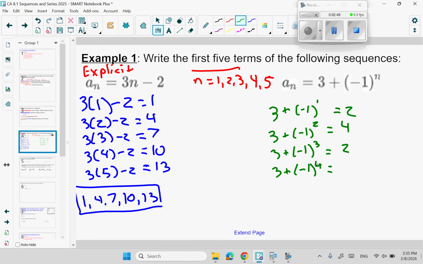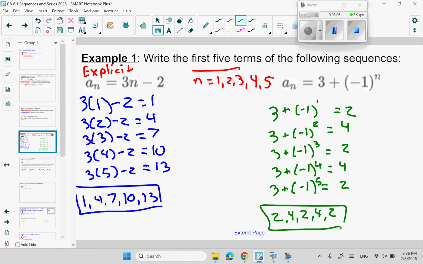Negative 1 to the power of 4 is positive 1, plus 3 is 4. Negative 1 to the power of 5 is negative 1, plus 3 is 2. So this would be 2, 4, 2, 4, 2. This is famously called an alternating series because it alternates between 2 numbers forever.